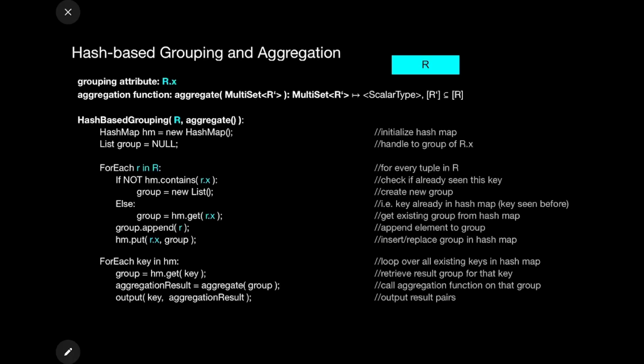So you can do grouping based on hashing, or you can do it based on sorting. And the hashing variant is explained here. So what you do is you build a hash map that maps from the grouping key to the set of tuples that have that grouping key.